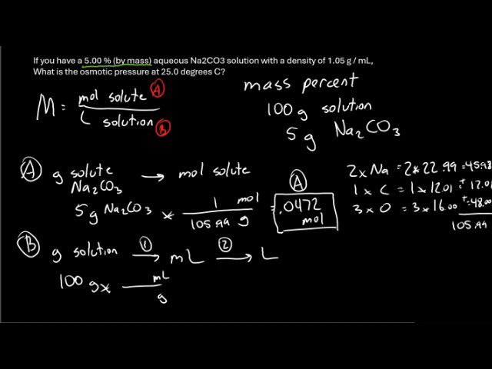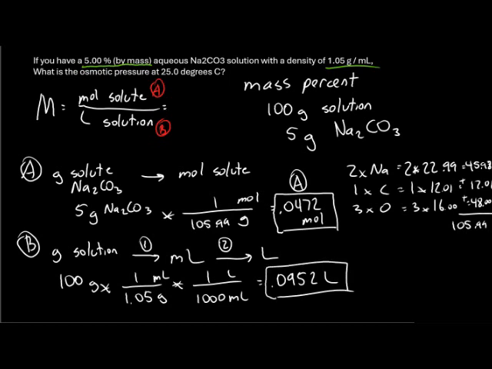Our density is 1.05 grams per mL, so we'll say 1.05 on the bottom, 1 on top. Multiply by another fraction to get out of milliliters and into liters. 1 liter is the same as 1,000 milliliters, and so we'll do the operation 100 divided by 1.05 divided by 1,000. We'll get 0.0952 liters.